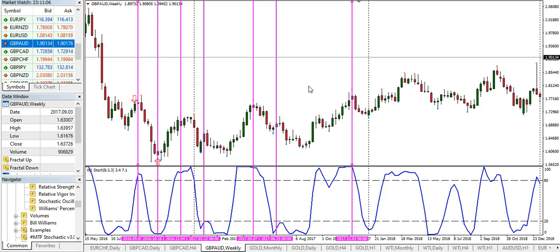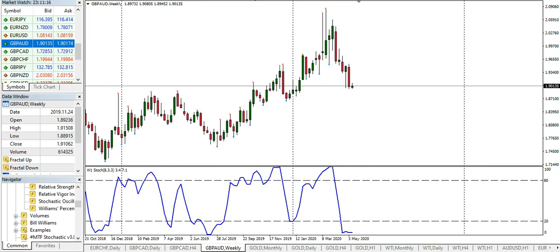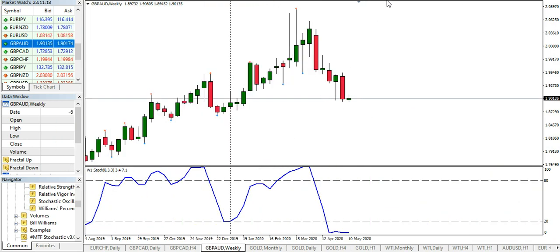So what we're going to be seeking to do is, when we get direction from the weekly time frame, right now, at this point in time, this market is in the buy zone. So we know on the weekly time frame the pound Australian dollar is currently in the buy zone.